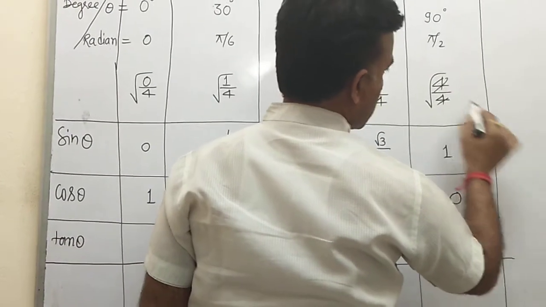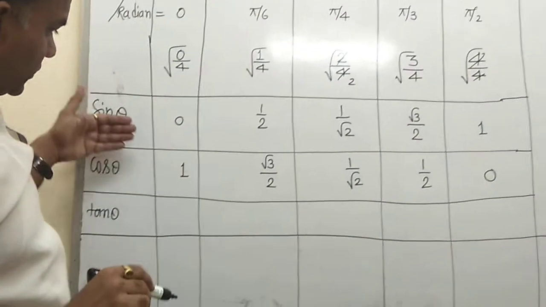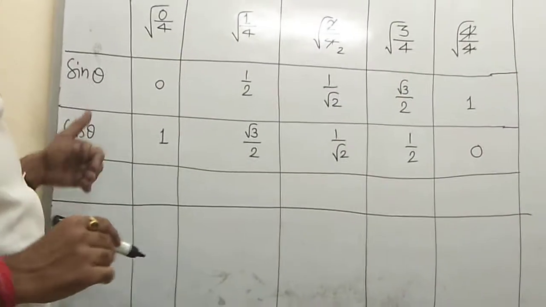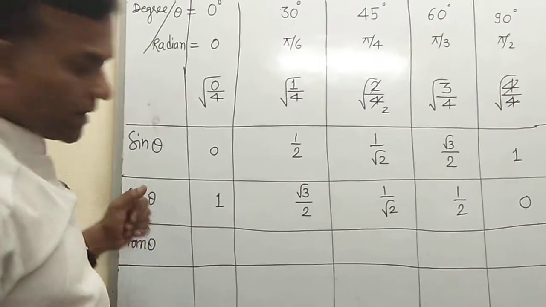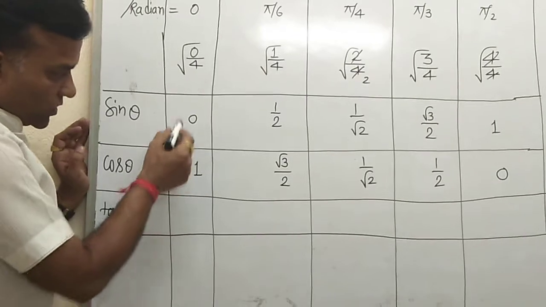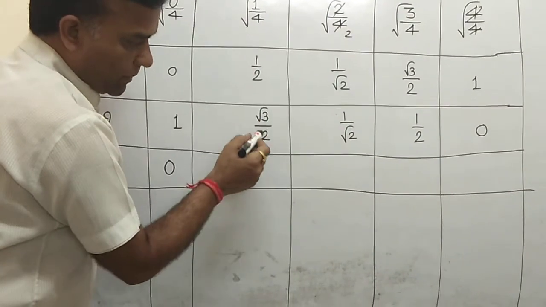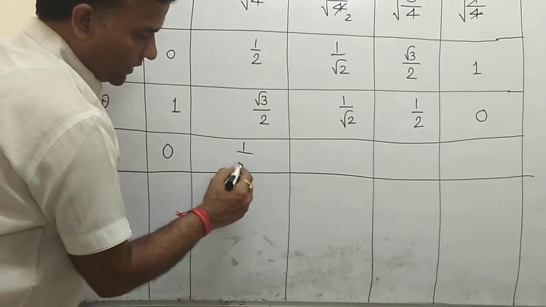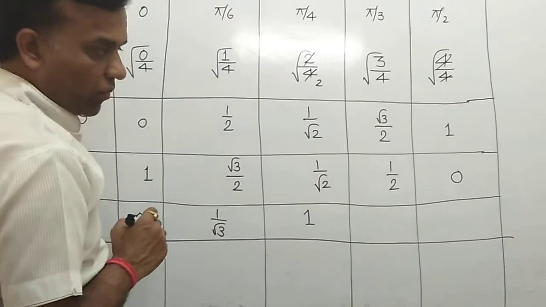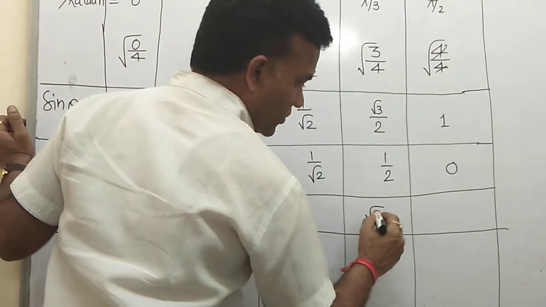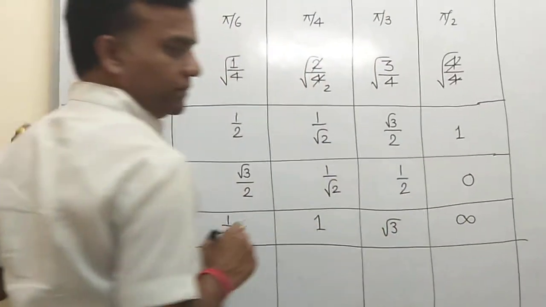In the trigonometrical chart you find out the values. Okay, so we have sine and cos, and we noted them previously here. We know the formula of tan theta, that sine by cos is tan theta. So you divide these two values, 0 by 1 is 0 and 1 by 2 divided by root 3 by 2, you have 1 by root 3. Both values are the same, so after dividing you get 1. And now here you have root 3 by 1 and 1 by 0, that is a not defined term, infinity.